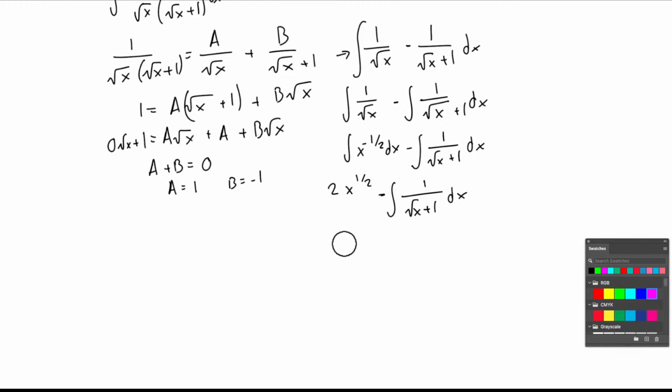So this is minus the integral of 1 over x to the 1/4 squared plus 1 squared dx. Now, u equals x to the 1/4.